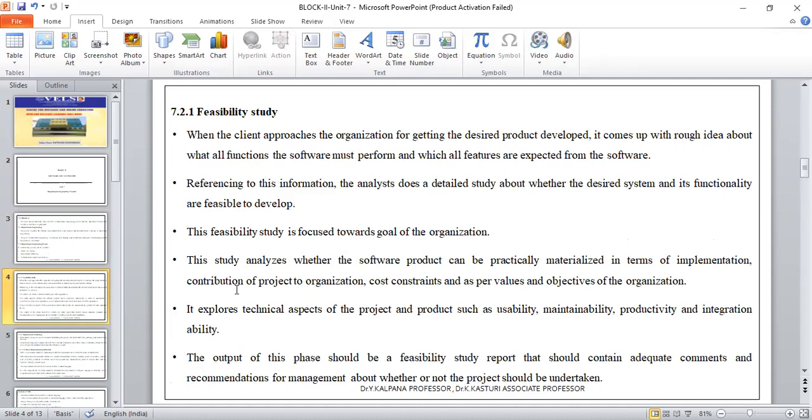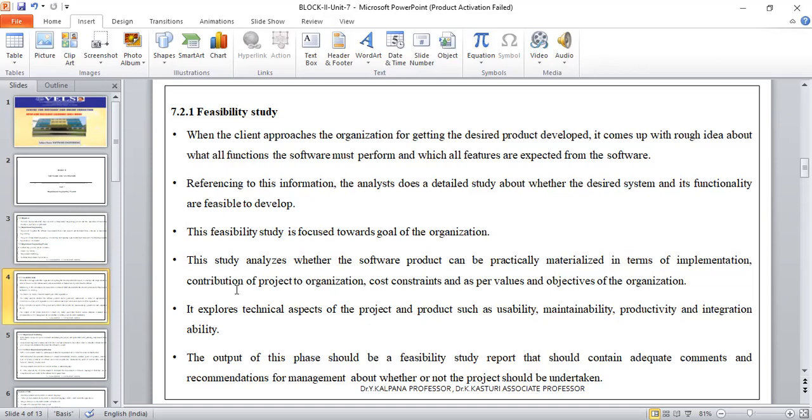When the client approaches the organization to get the desired product developed, it comes with a rough idea about what functions the software must perform and which features are expected from the software. Referring to this information, the software analyst does a detailed study about whether the desired system and its functionality are feasible to develop.